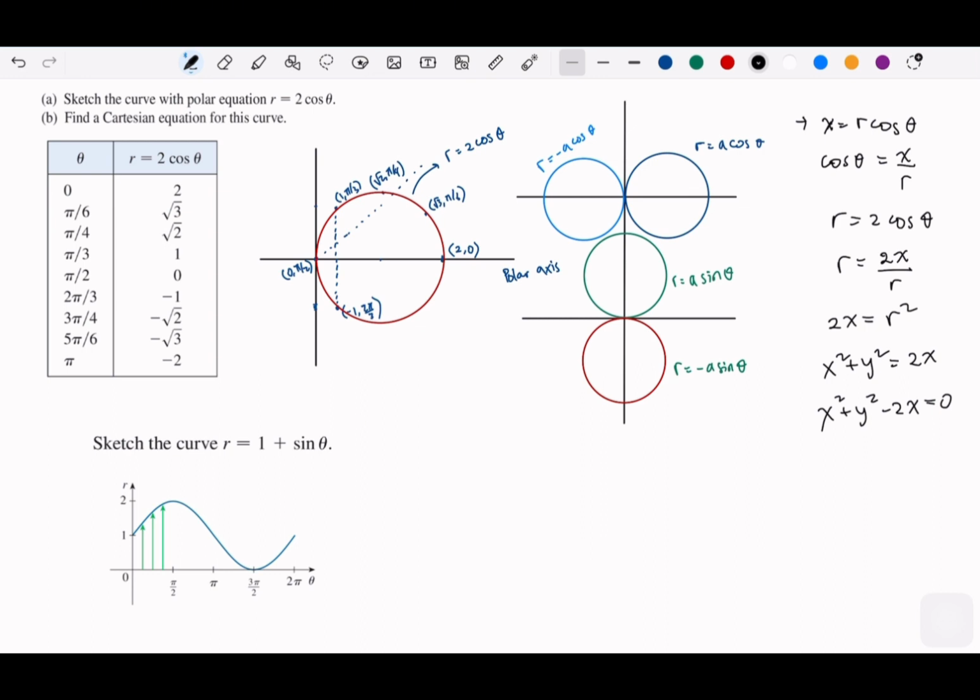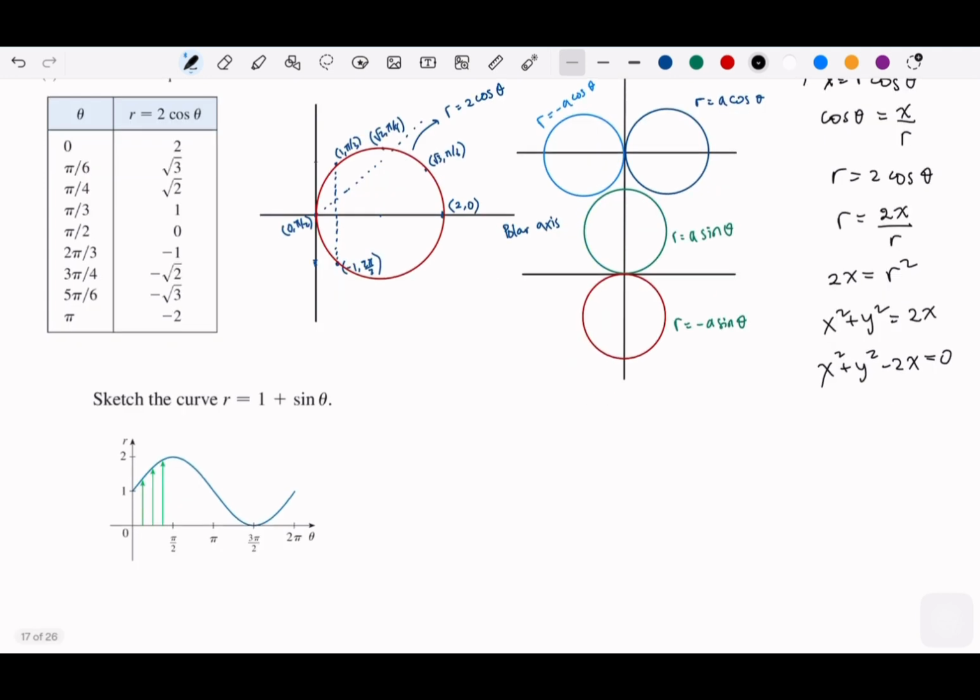Okay, now back to this one. Now we need to sketch the curve. Now we could start from, let's say here. So let's say we start from 1.